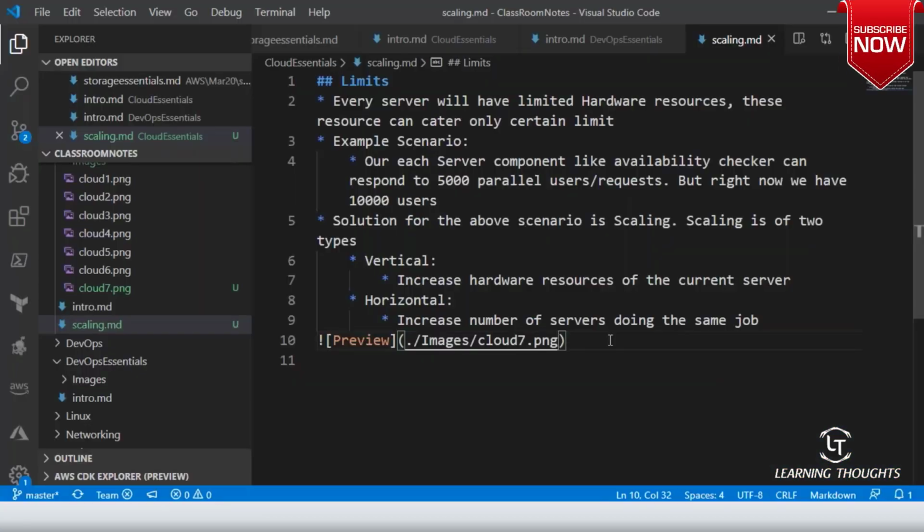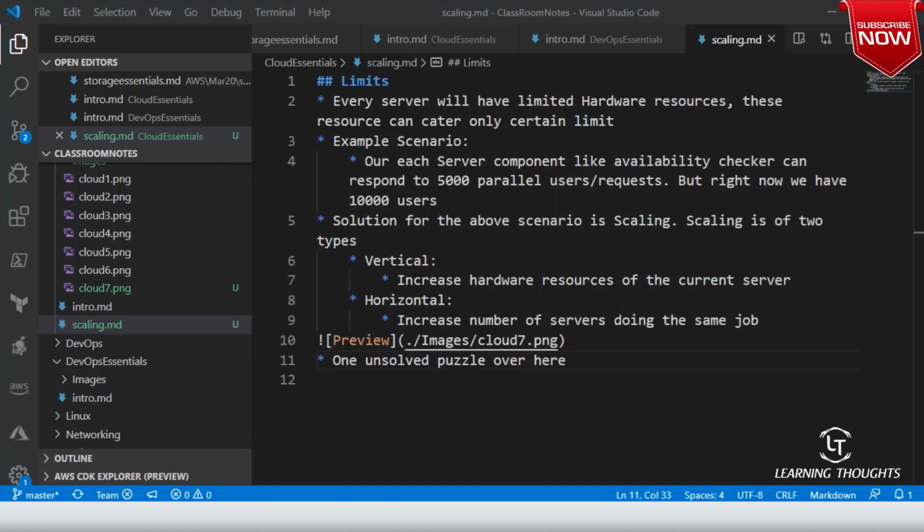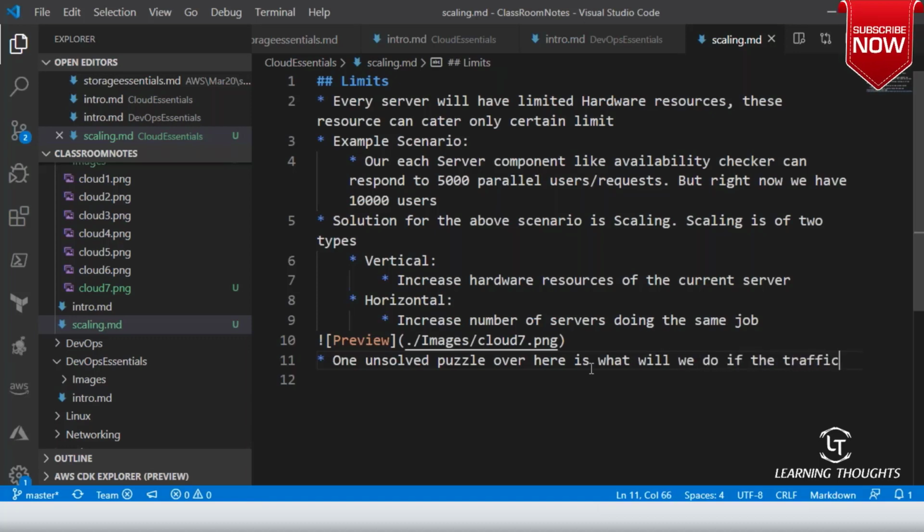Now, one unsolved puzzle over here is, what will we do if the traffic comes down to 3000 users?